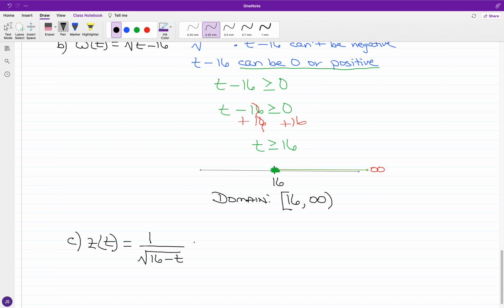So z of t is 1 over the square root of 16 minus t. And again, some items to consider. We got a square root, and so 16 minus t cannot be negative.